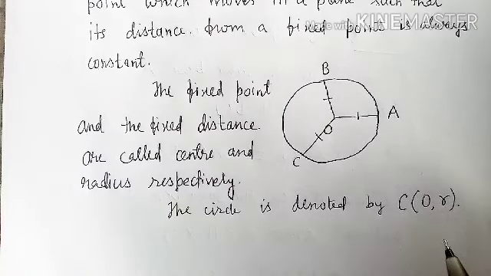We can say a circle can be specified if we know its center and radius.